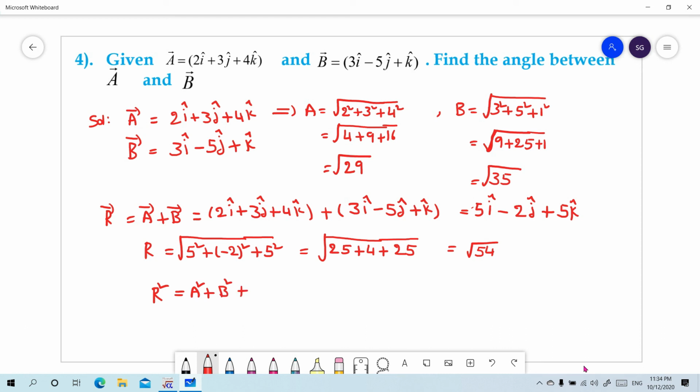So we have the formula r square is equal to a square plus b square plus 2ab cos theta. Theta is the angle between the a bar and b bar vectors. We have to find the theta value. So this can be written as cos theta is equal to r square minus a square minus b square, divided by 2ab.